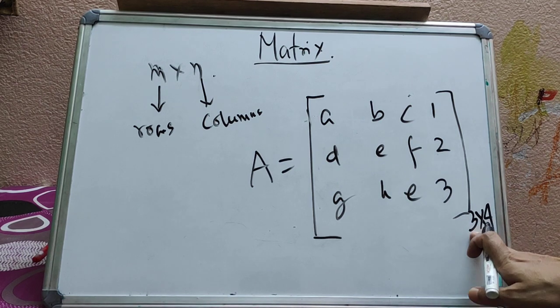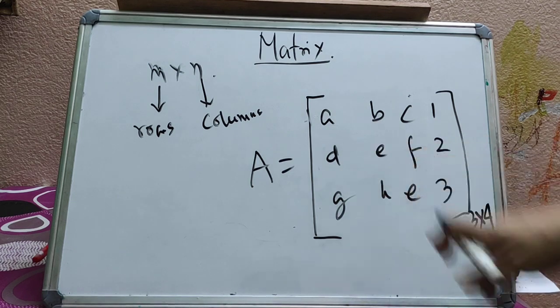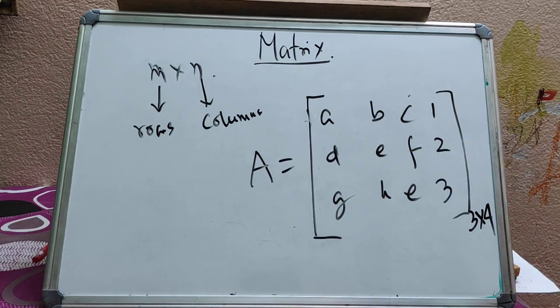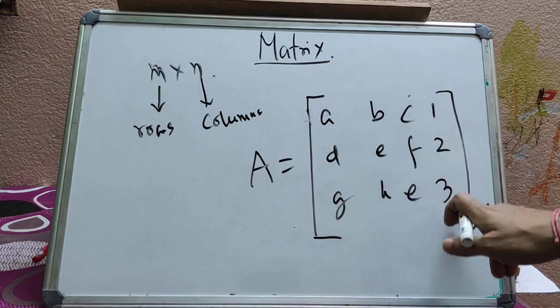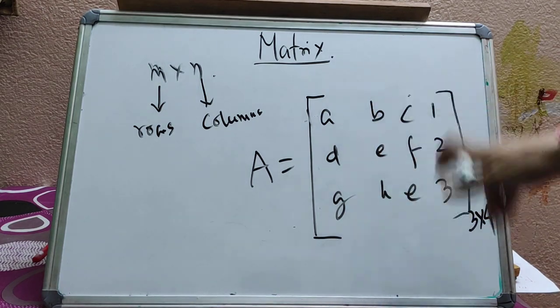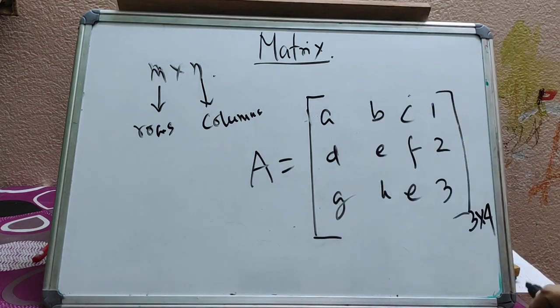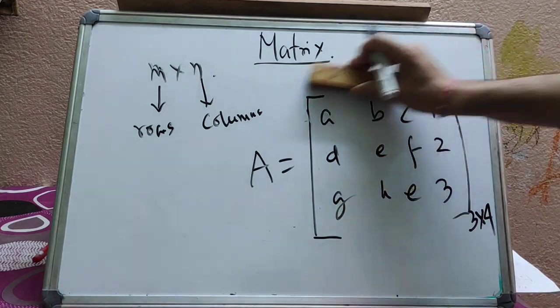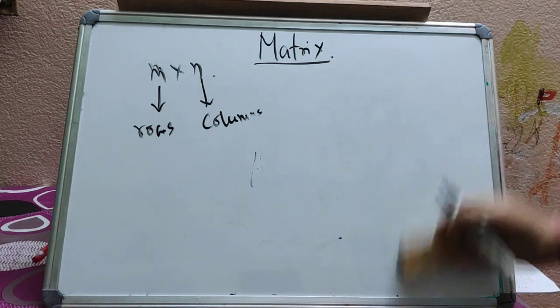The first digit, 3, represents the number of rows, and the second digit, 4, represents the number of columns. So in a generalized way we could write it as m cross n.